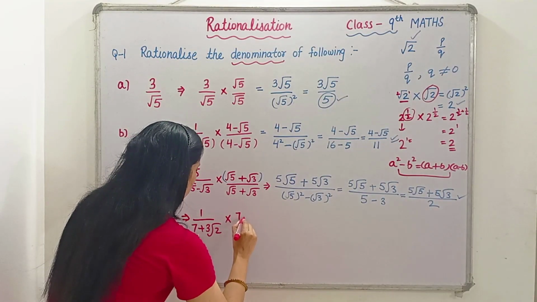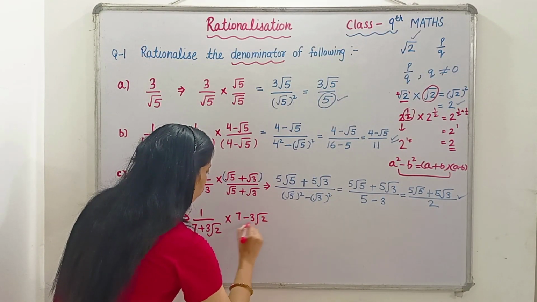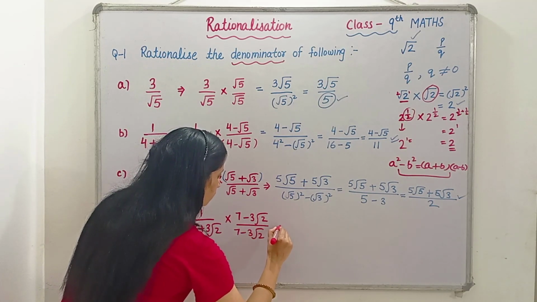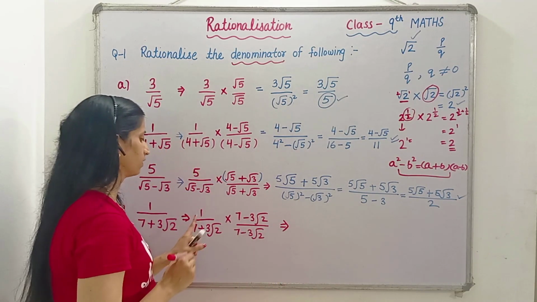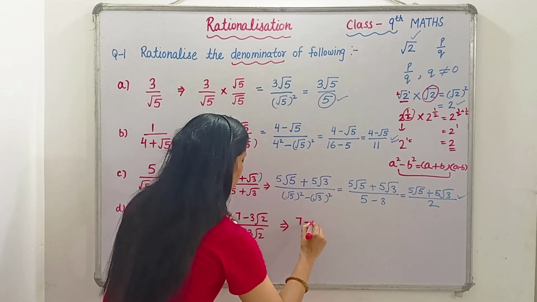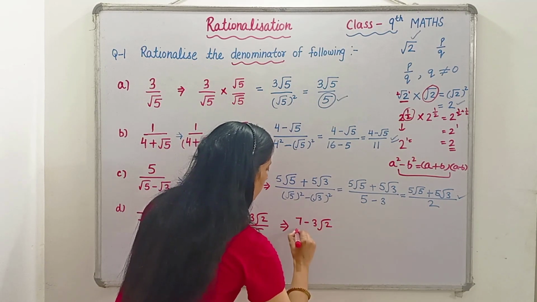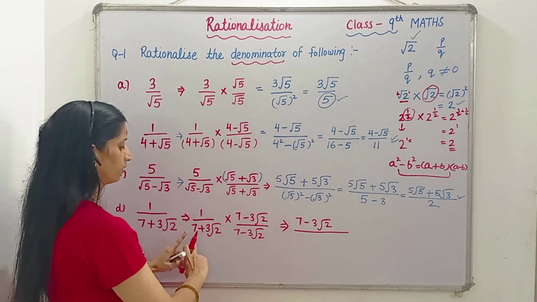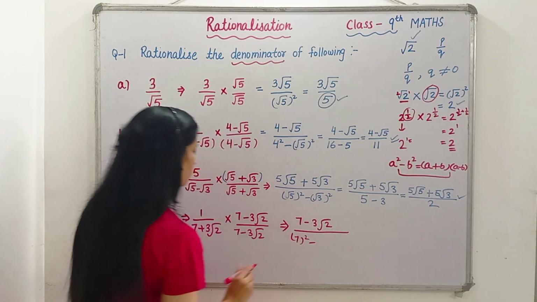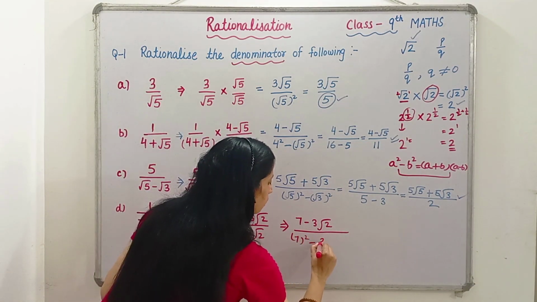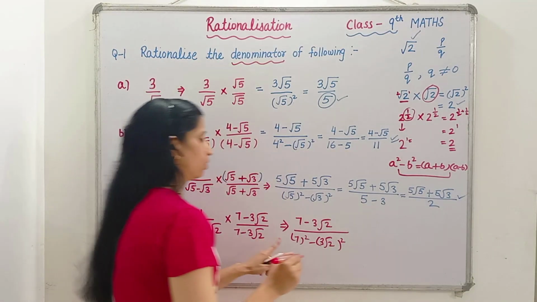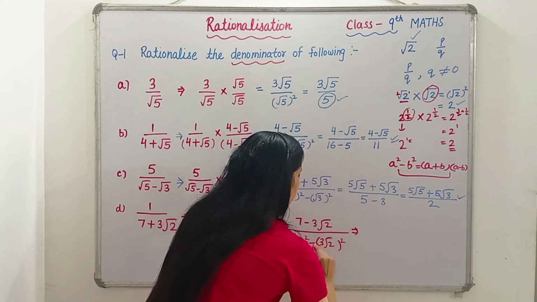Now 7 minus 3 root 2, 7 minus 3 root 2. Now what will be next? See, here we are multiplying by 1, so in the numerator we will get 7 minus 3 root 2, the same terms I have written, upon, this is a square, 7 square minus b square, 3 root 2 whole square. Now we will solve this denominator.